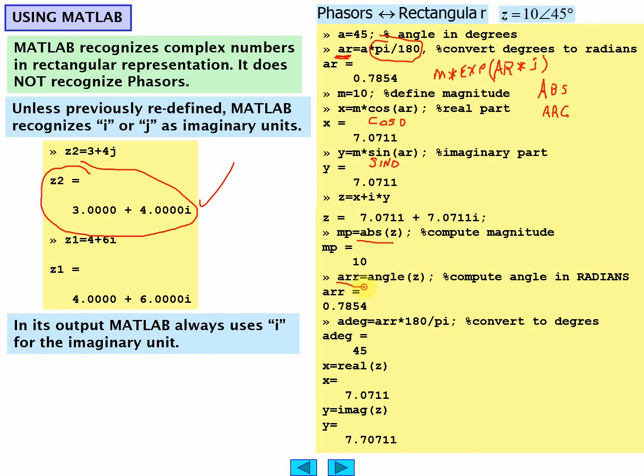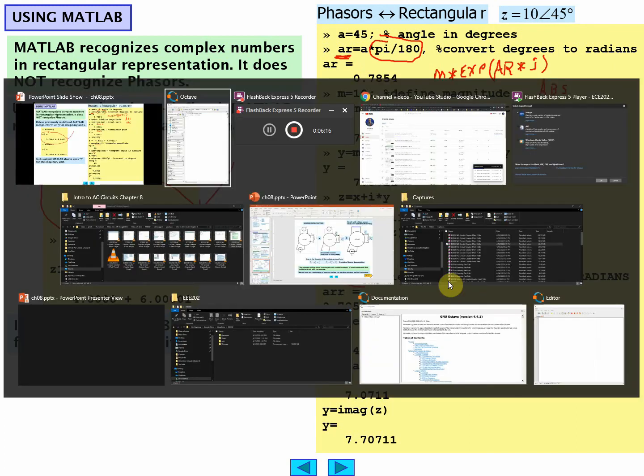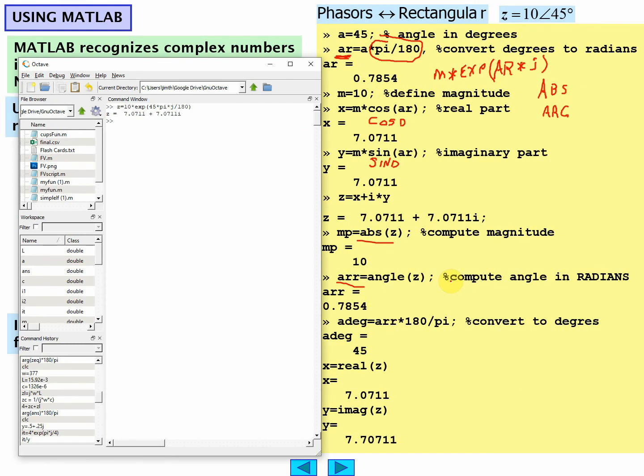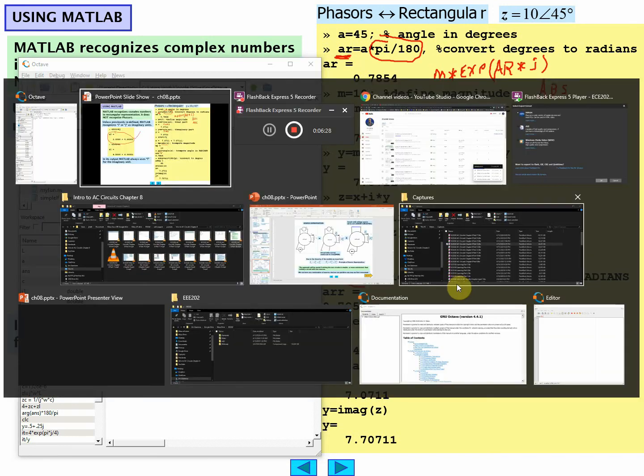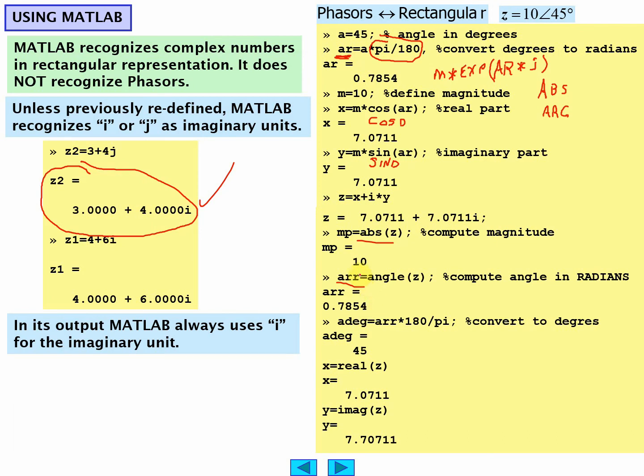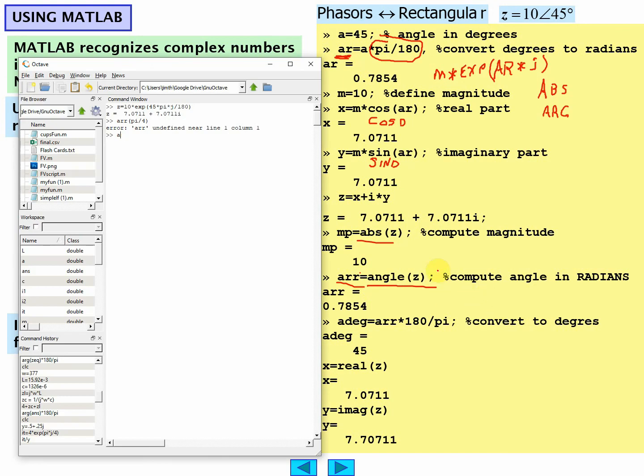Okay. Let me go back. I use ARG. I wonder if that's a typo right here. If they really meant to say, oh, ARG equals angle of Z. Well, let's try angle. I'm sorry, angle is the function. Would that work? It doesn't like it.